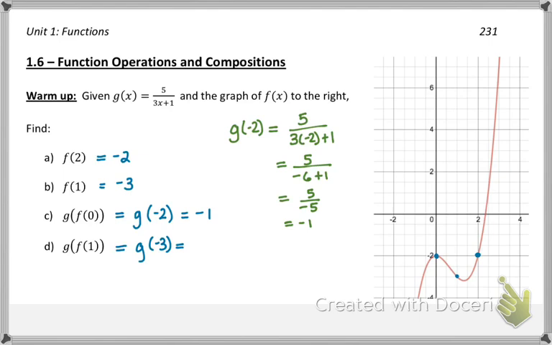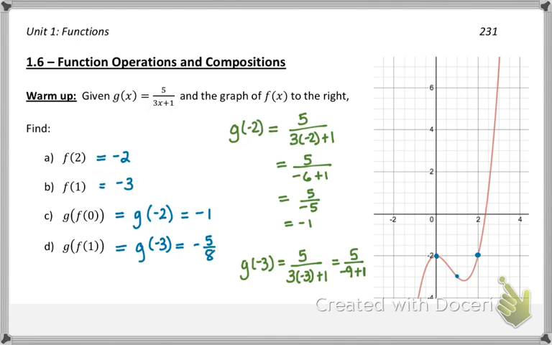Let's calculate that out. g of negative 3 means I'm going to put negative 3 in for x and evaluate. That's going to be 5 over negative 9 plus 1, which gives me negative 5 over 8. Alright, so that is evaluating functions using a graph and using an equation.